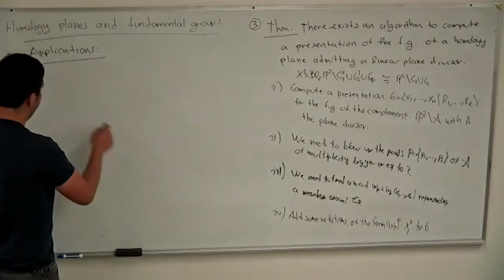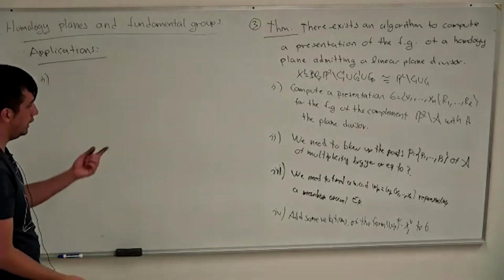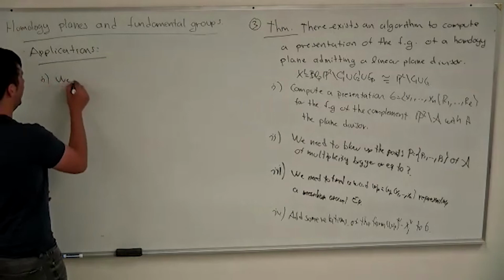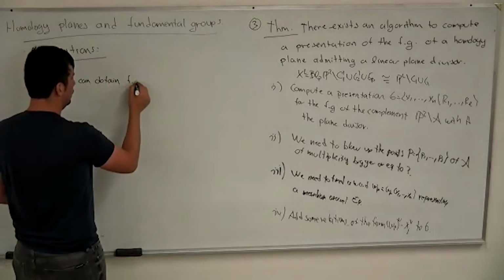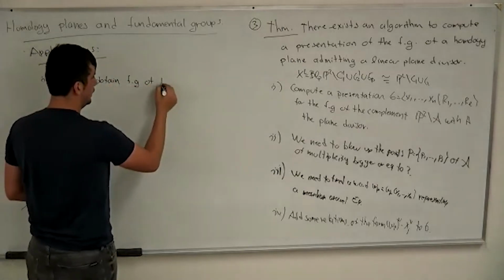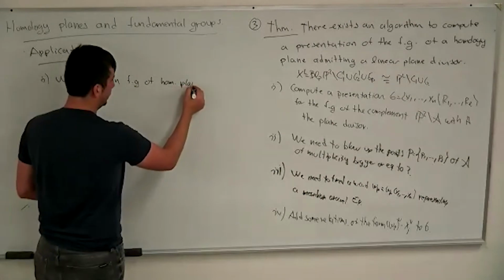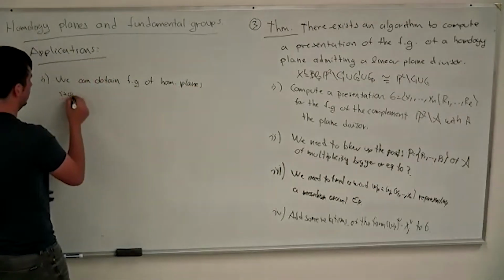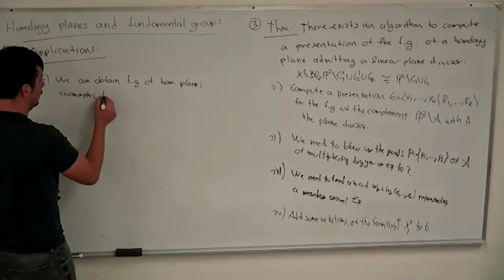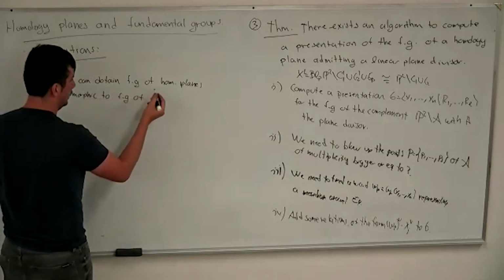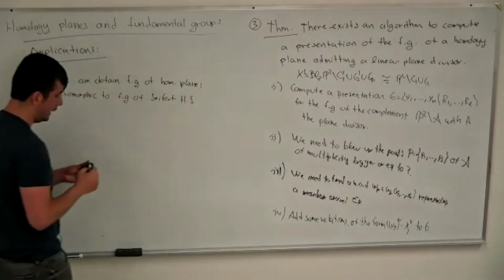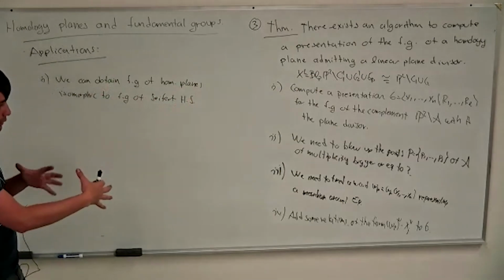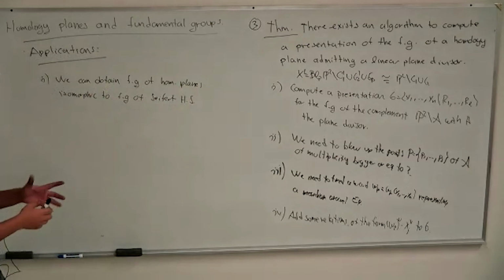And so an application of this is that if we compute the presentation for L1n, we can obtain fundamental groups of homology planes isomorphic to fundamental groups of Seifert homology spheres. So they cannot bound a homology plane, but the fundamental group of a Seifert homology sphere can be the fundamental group of a homology plane.